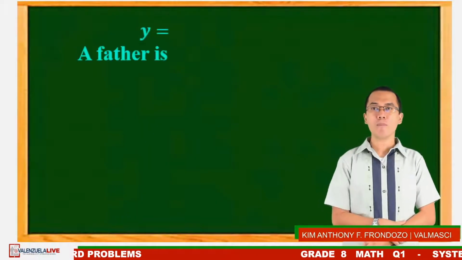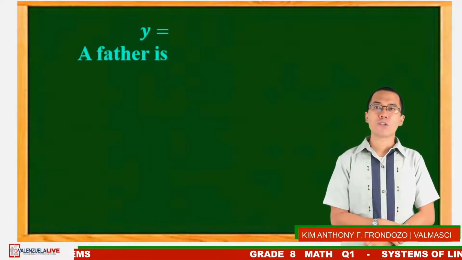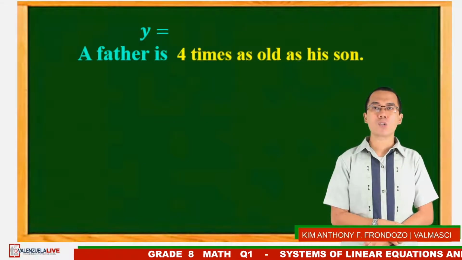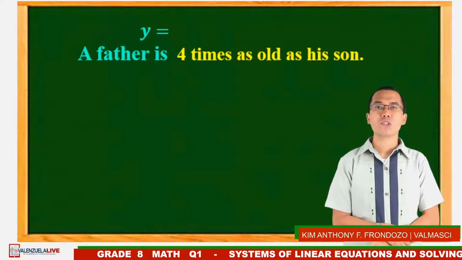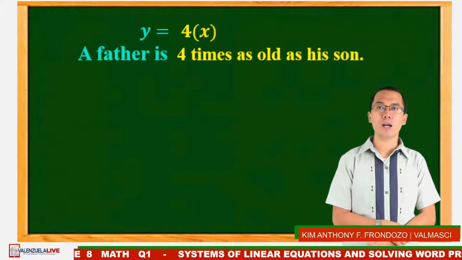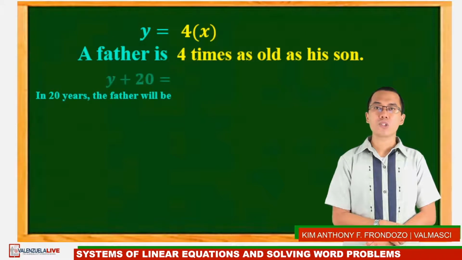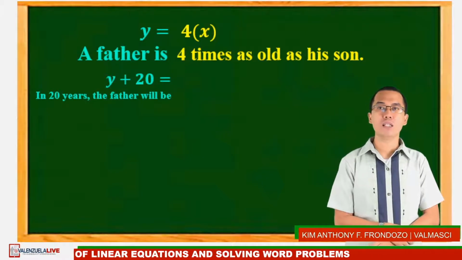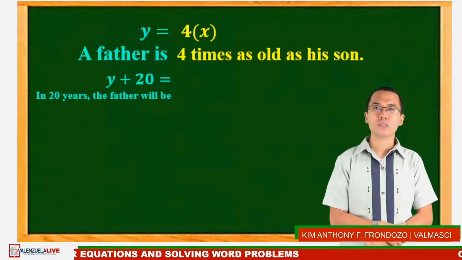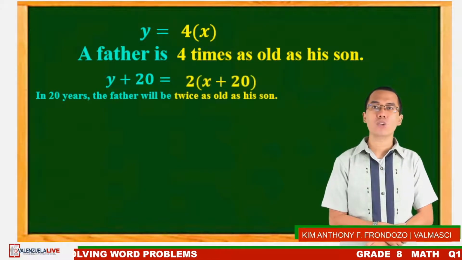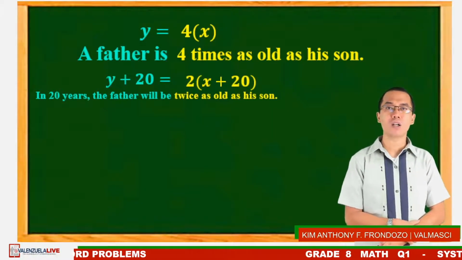According to the problem, a father is 4 times as old as his son. So that would be y is equal to 4 multiplied by x. In 20 years, that would be y plus 20 is equal to twice as old as his son, so that would be 2 multiplied by x plus 20.